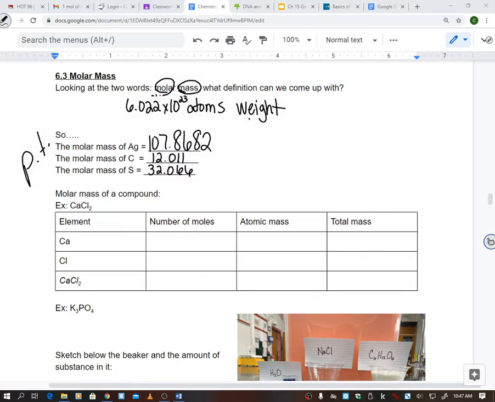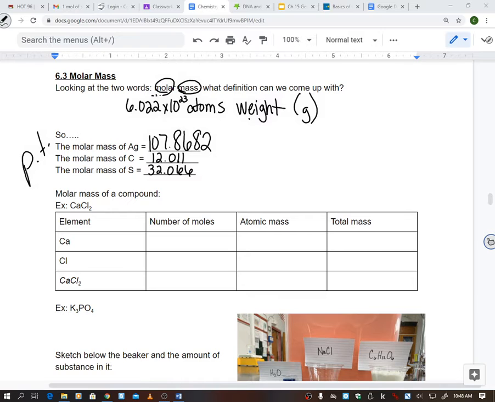It's that lower number. So that's telling me that 1 mole of silver equals approximately 108 grams. So when I'm doing molar mass, it's always going to be in grams. Then I can go and weigh this stuff, right? If I had some silver, I could weigh out 108 grams of it and say, okay, there's 1 mole.